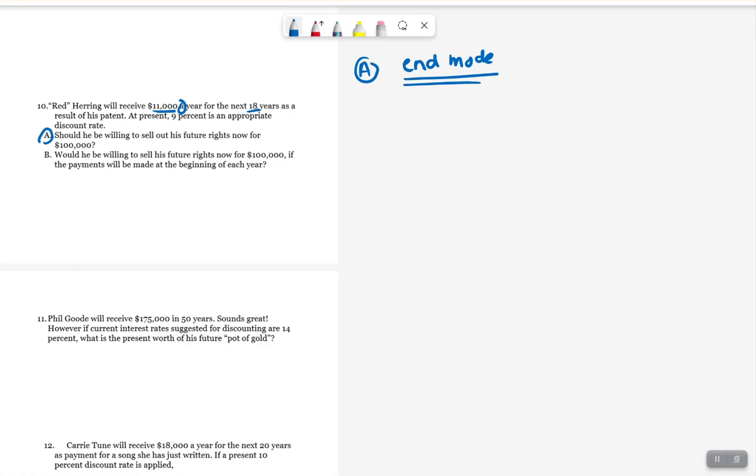When we're calculating the present value, what is my payment? In this case, my payment is going to be 11,000 and your N is going to be 18. Your I/Y is going to be 9%. Your future value is equal to 0. You're going to compute your present value.